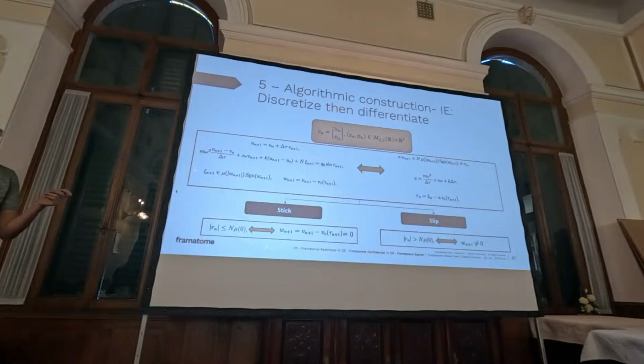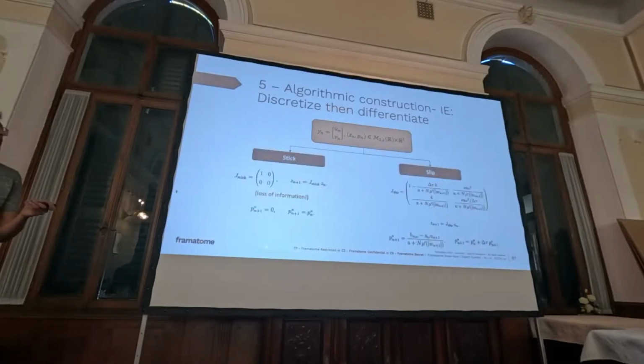So this is an implicit Euler scheme, iterating the state vector and the sensitivity Z on the initial condition, and P on the frequency. And we distinguish the stick and slip. For the stick, we have a loss of information, and that is problematic for the Newton algorithm.